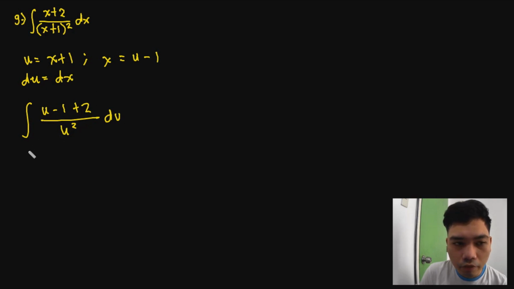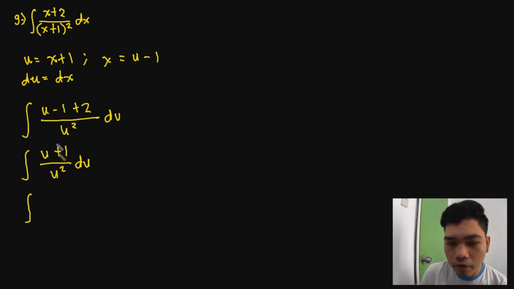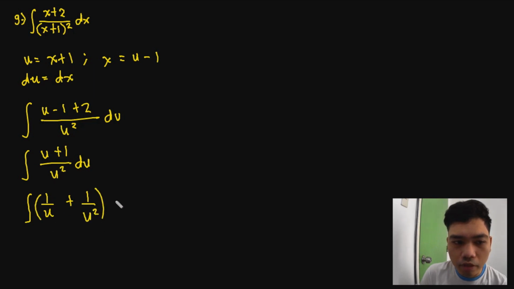And then if we rewrite this further, we have u plus 1 divided by u squared du. And this can now be rewritten in terms of the integral of, I'll be separating these two numerators, so I have something like 1 over u plus 1 over u squared, and of course that will be du.